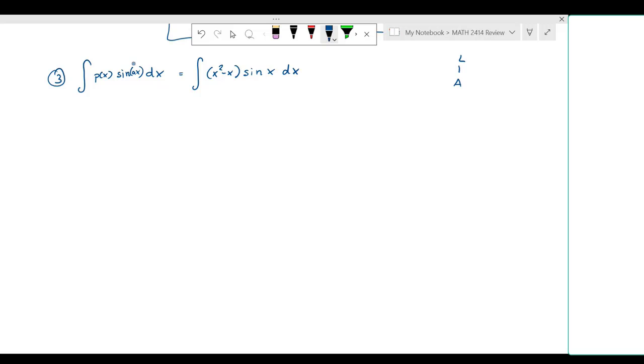Again, we have an algebraic part which precedes the trig part in our acronym, helping us decide what u is. So apparently u should be the polynomial once again.